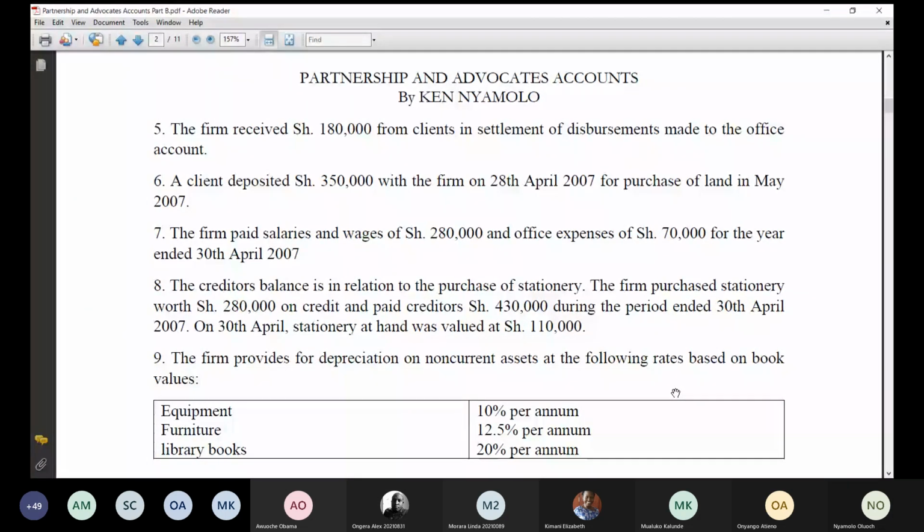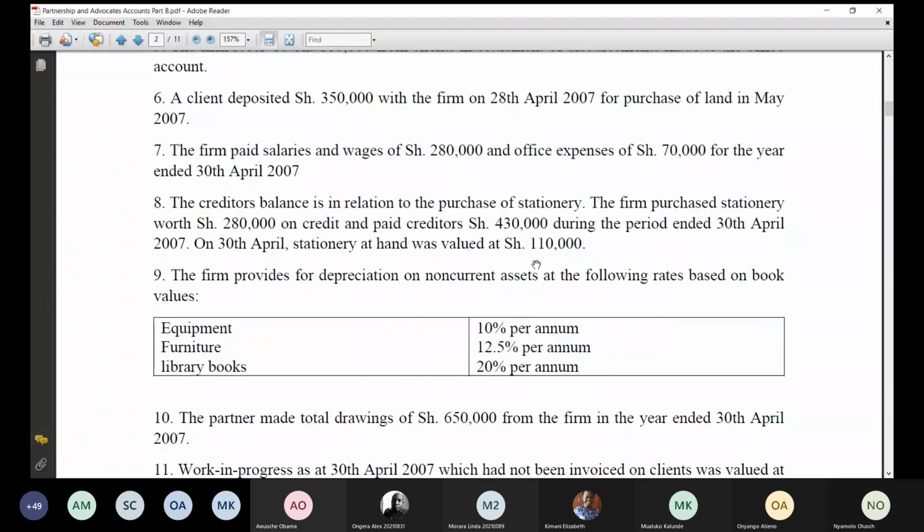And now the market price, you can only realize 110 from the 280 that you had bought. So then there is a loss, 280 minus 110. There's a loss on that particular stationery. That is what the examiner is trying to see if you are able to get.